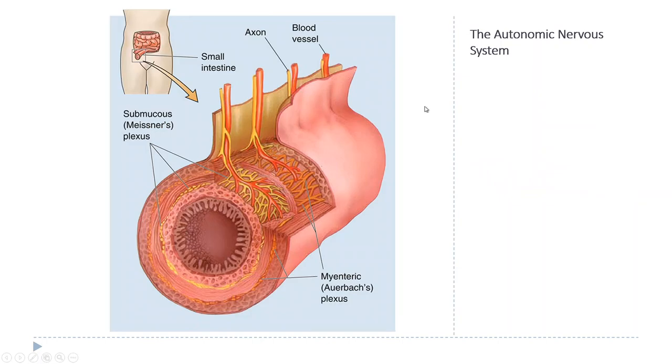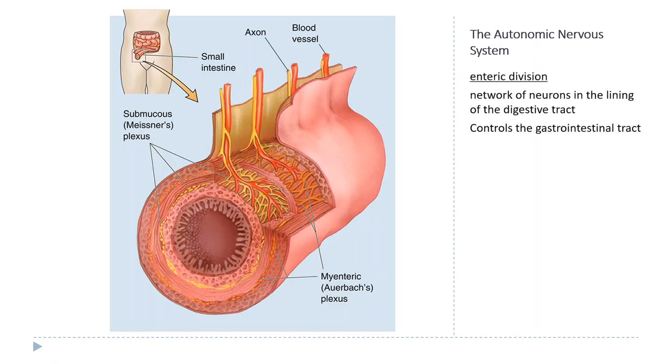And then another division of sorts of the autonomic nervous system is called the enteric system, or the enteric division. This is also influenced by both the parasympathetic and sympathetic divisions. But it consists of a network of neurons embedded in the lining of the digestive tract. So this is a branch of the intestine, and this is the lumen of the intestine, basically the tube that the food goes through.